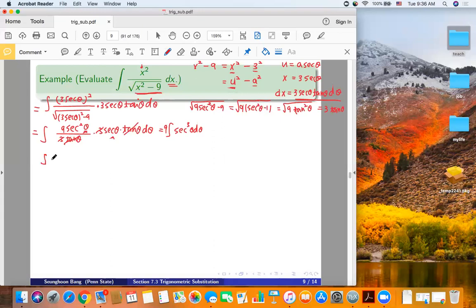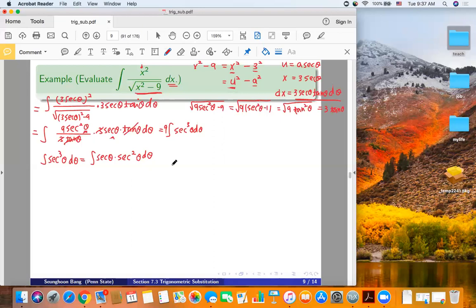So here, the integral of secant cubed theta d theta. How can you solve it? You can change it to the integral of secant theta times secant squared theta d theta. You cannot solve this by using a formula, and U substitution is also impossible.